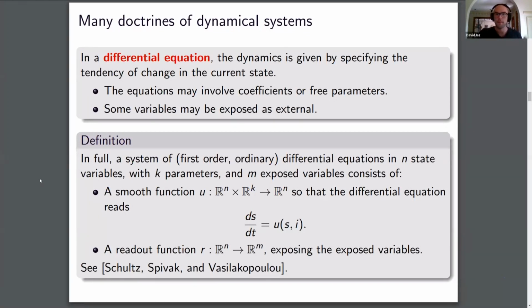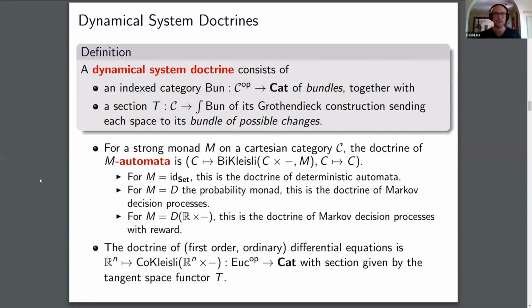Okay, so I'm now coming to the definition of dynamical system doctrine. I'm going to check my time here. All right. This is a very abstract definition, and it captures all these cases and more. We're going to have an index category of bundles. So why do we do this? Well, we need a category of spaces.